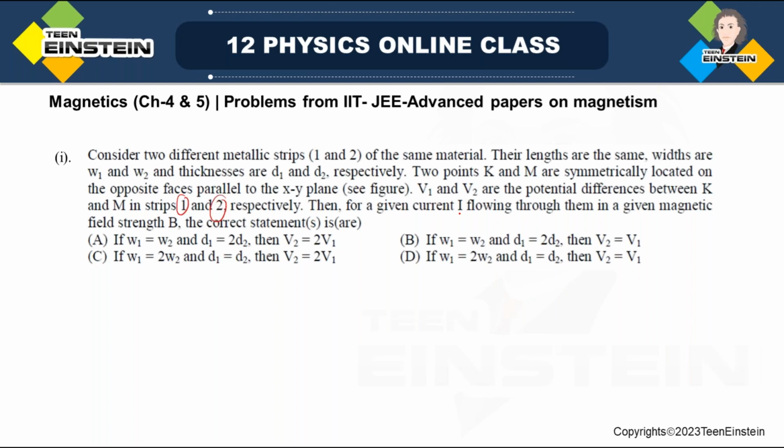Then for a given current I flowing through them in a given magnetic field strength B, which are the correct statements? So we have to find that out.